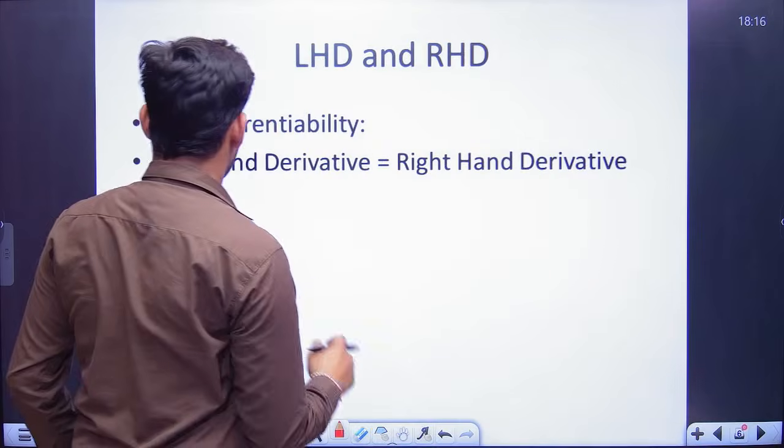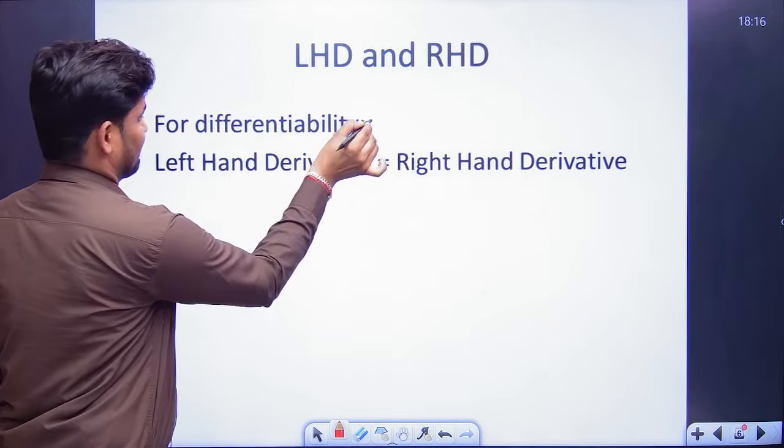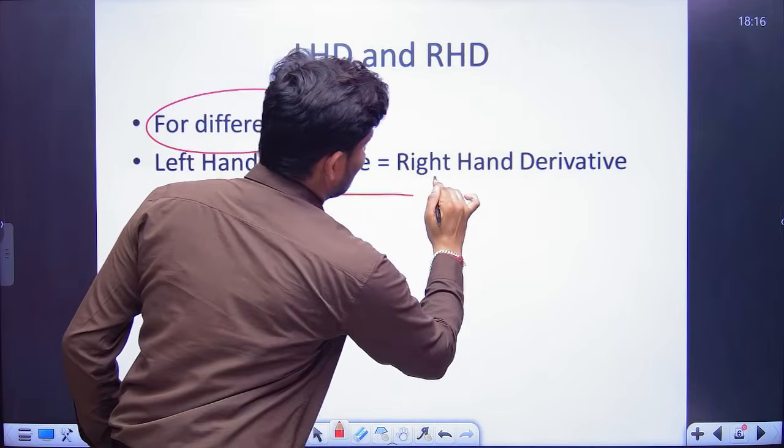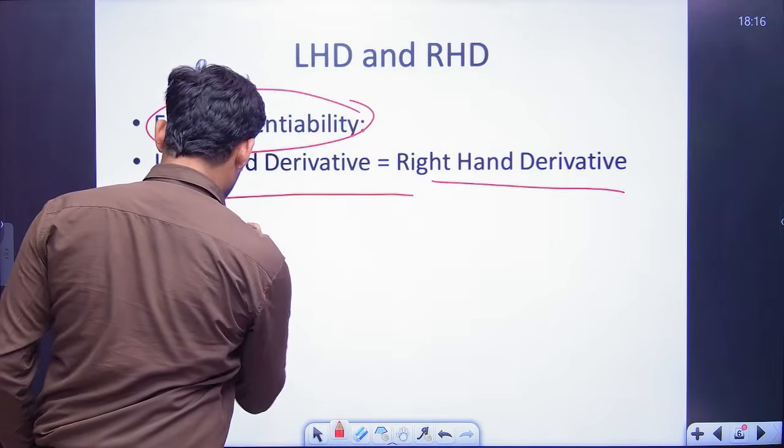Next, for differentiability, the initial condition is left hand derivative equal to right hand derivative. Left derivative is this.